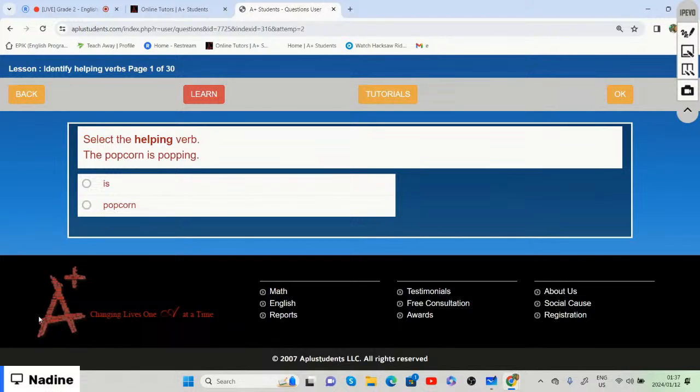So if we look at the sentence, the popcorn is popping, now we need to select the helping verb, which basically helps the main verb, which is popping.